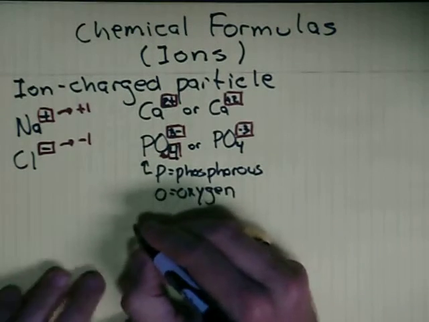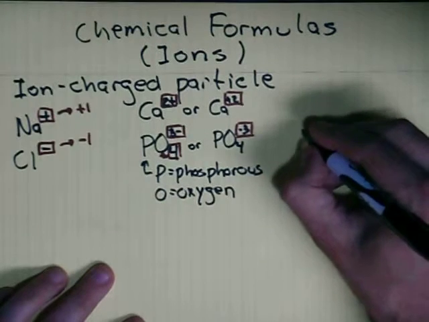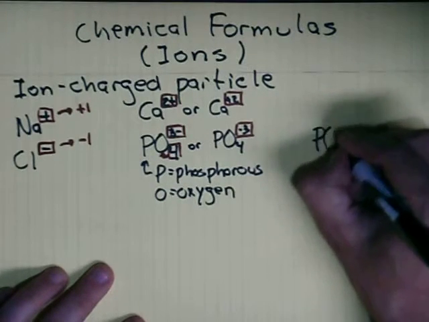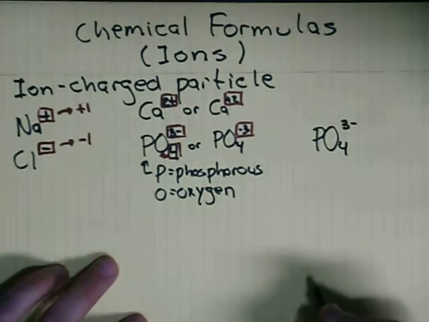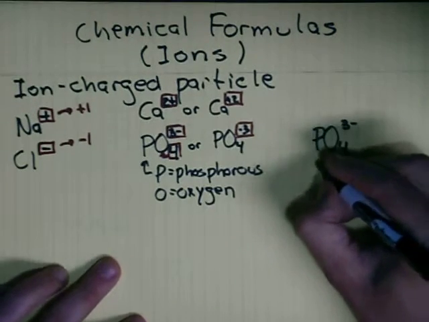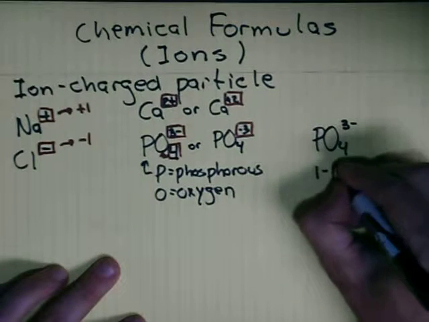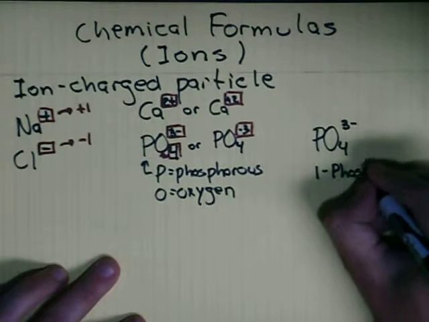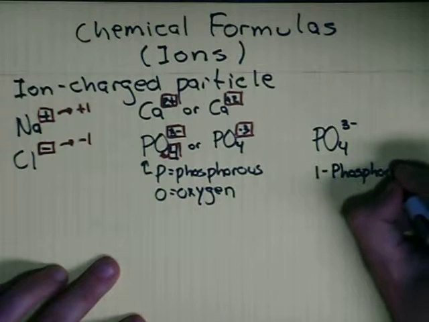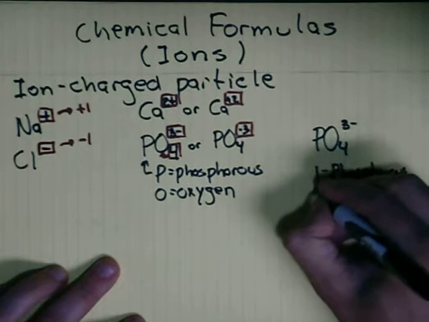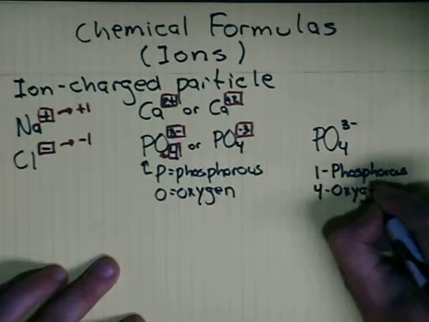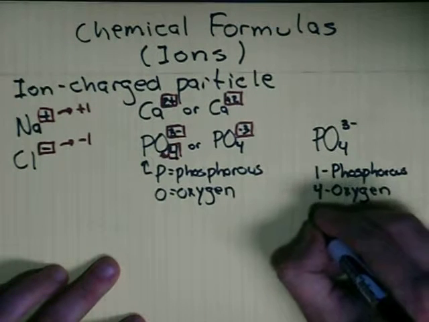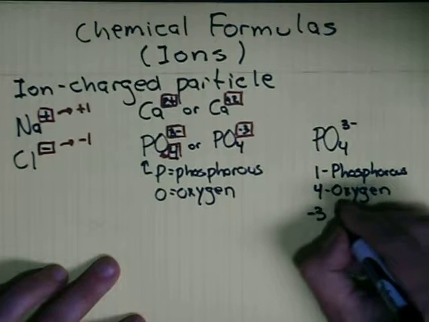So, when we see PO4 3 negative, we know that we have 1 phosphorus, 4 oxygen, and a negative 3 charge.